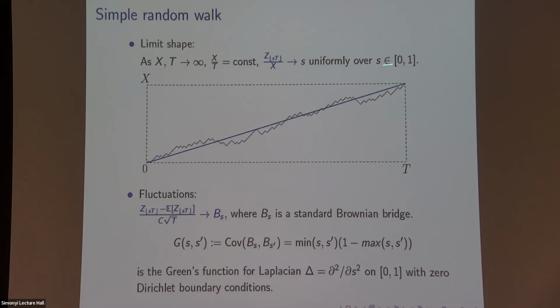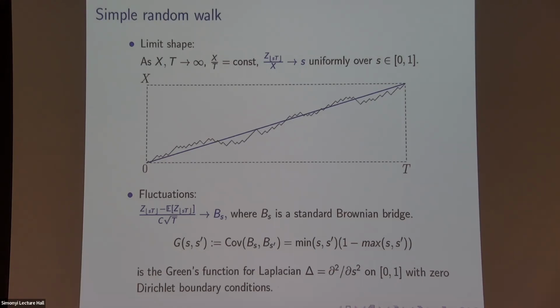Okay, now when we know the limit shape, which is just this blue line in this case, we ask what's going on with the fluctuations, and it's also known that fluctuations in this case converge to the standard Brownian bridge. And even more, if we compute the covariance at 2 points s and s prime, then the covariance converges to the covariance of the Brownian bridge, which is given by the Green function for the Laplacian on the segment [0, 1].